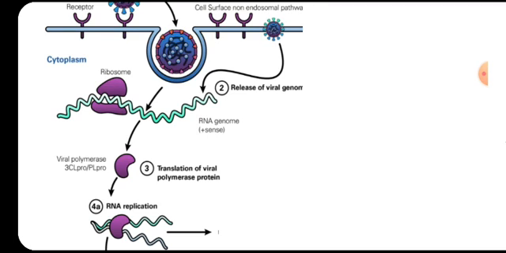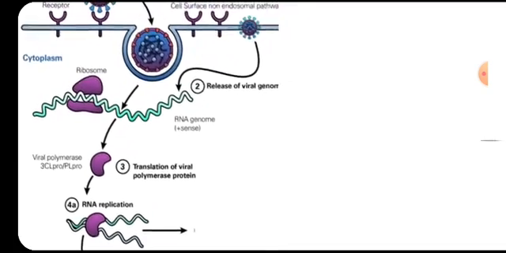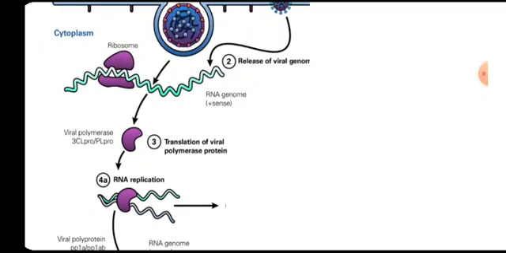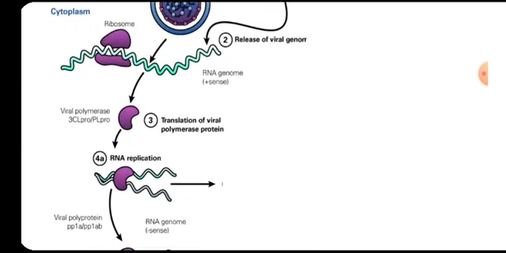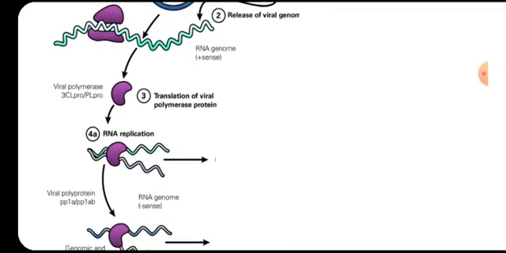The result of translation is synthesis of the viral polymerase. This viral polymerase is a protein which is the result of the first translation. So this is the virus's own polymerase. So a small part of the RNA undergoes translation and leads to formation of the viral polymerase protein, which is an enzyme.